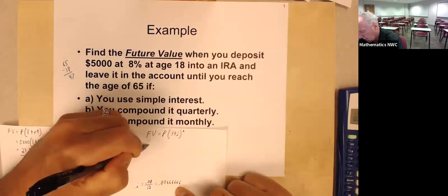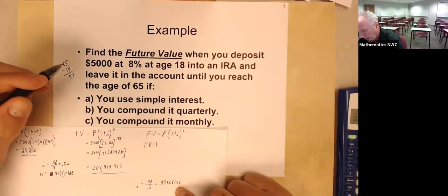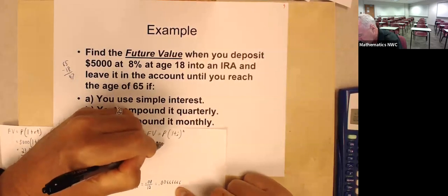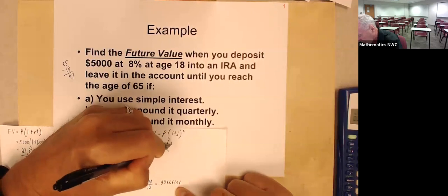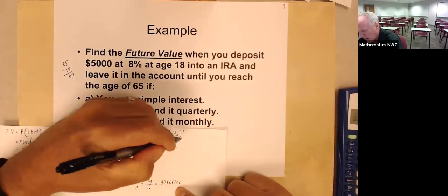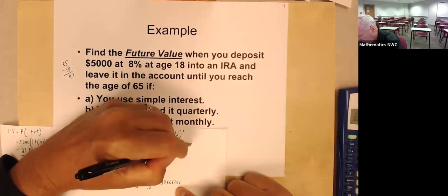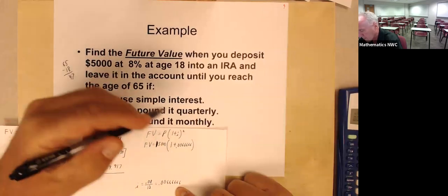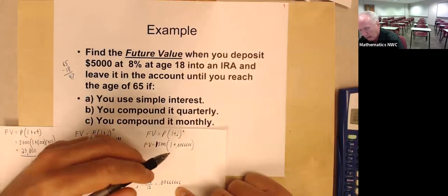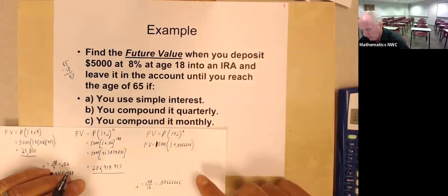So I have to put in my 5,000 here, excuse me. And I put in as many of these as my calculator will hold. I have a few more on mine, you might have more or less, but now I need to get my N right there as well.